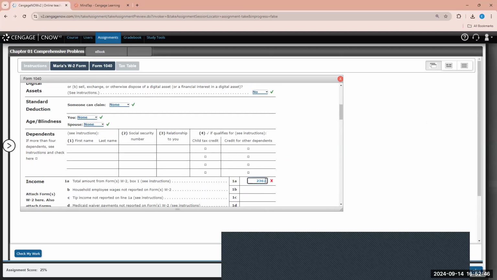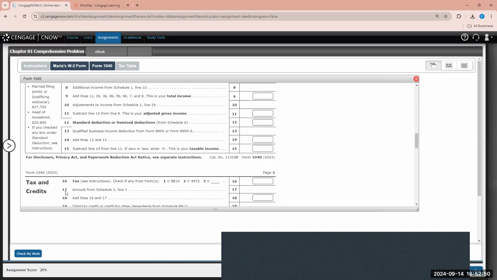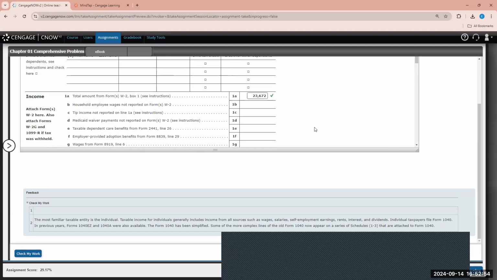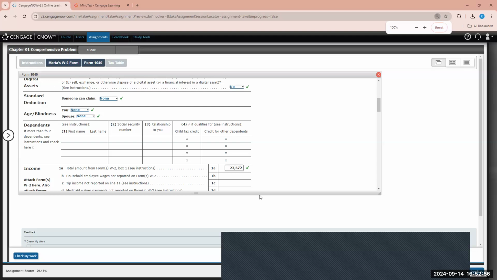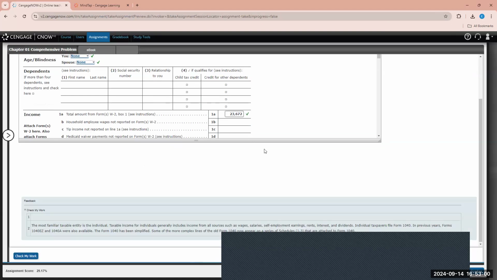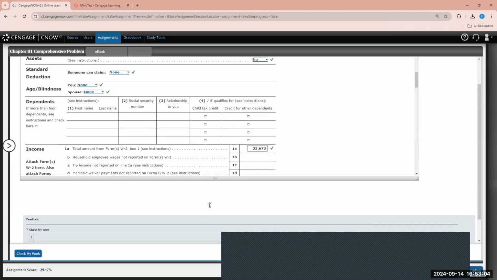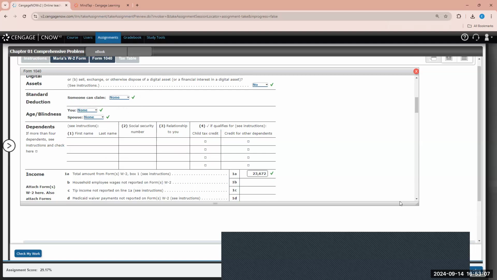But now if we round it to 23,672, the nearest dollar, we see it shows correct. So for the most part, most tax software automatically rounds. Some don't, so just something to keep in mind.